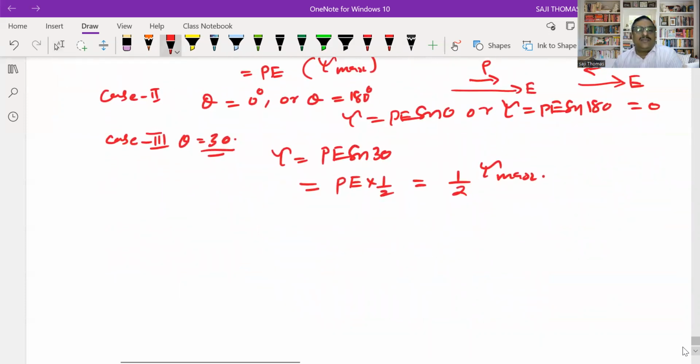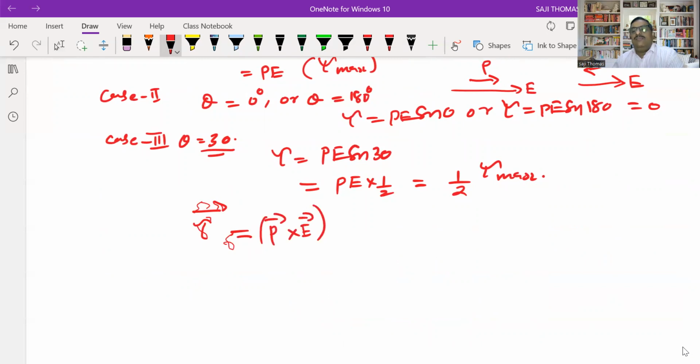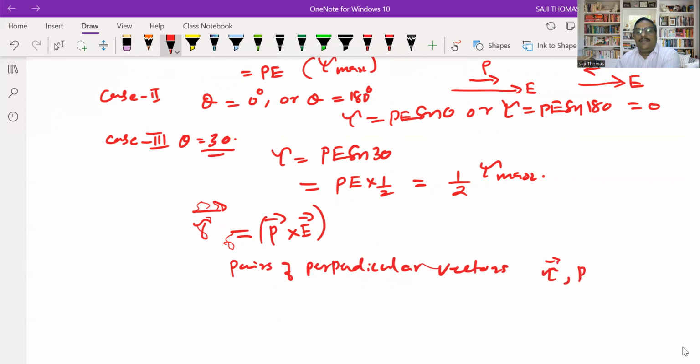Tau bar equals P cross E. What are the pairs of perpendicular vectors? One is tau bar and P bar, and tau bar and E bar.